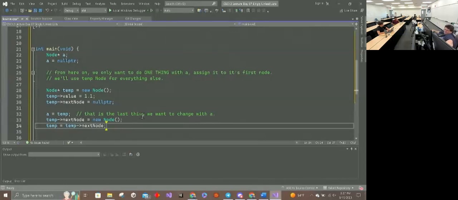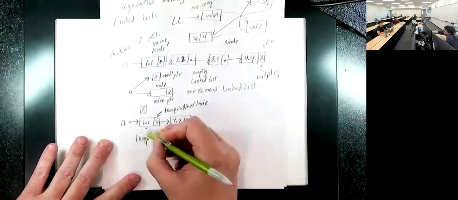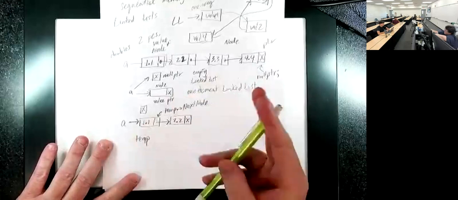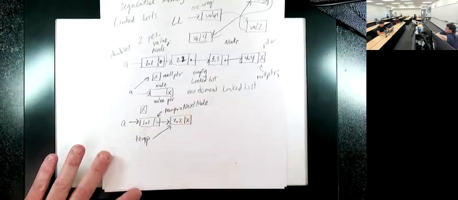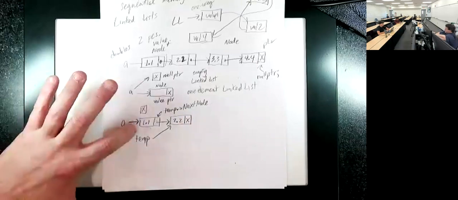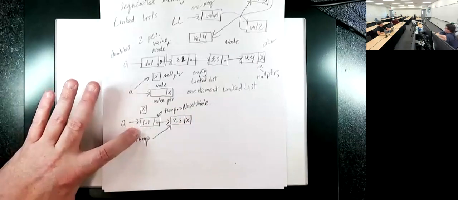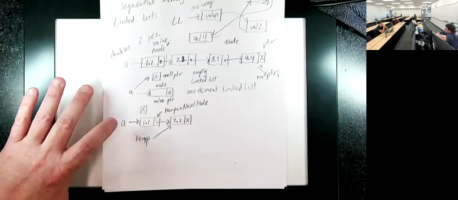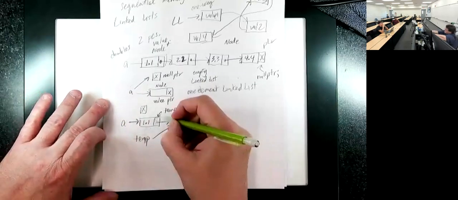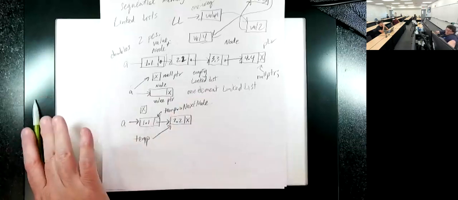So what we've done so far, I haven't done the 2.2 yet, but we've created the new node and I've now pointed temp over here. And now the only way to get to the 1.1 is through A. We've lost the link to 1.1. That's the only link to A. Let's do the 2.2 and make it null terminated.